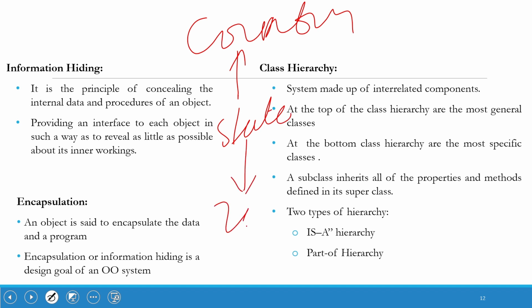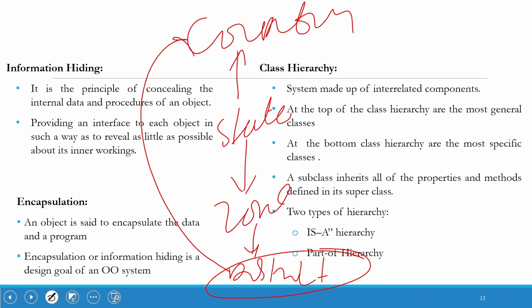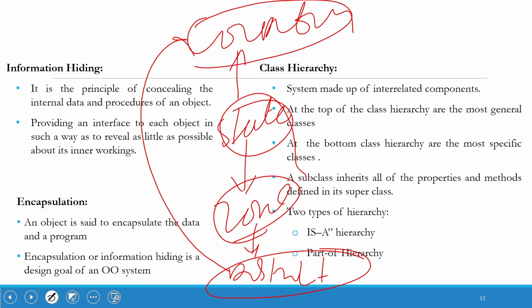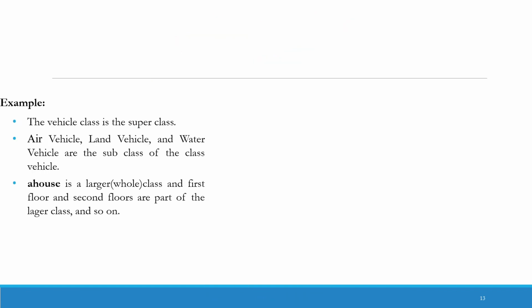This is the lowest concept. This concept will map to this. The collection of districts is a zone. The collection of zones is a state. The collection of states is a country. So this specific concept will map in such a way. This phenomenon is called concept hierarchy.